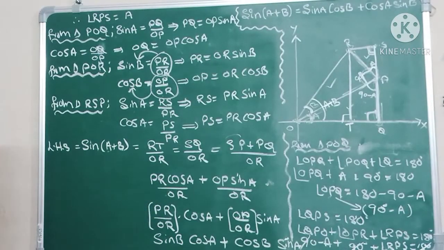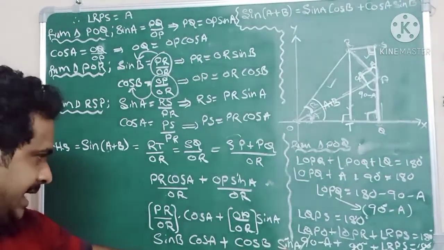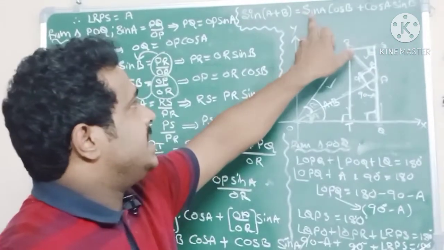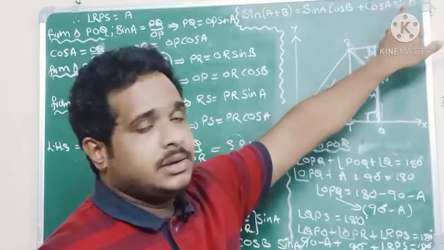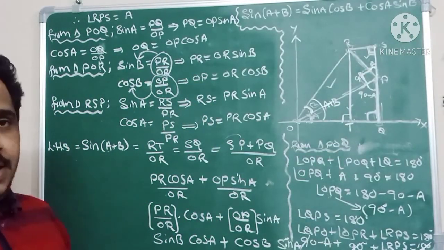Hence we proved the RHS. Sin of A plus B is nothing but sin A cos B plus cos A sin B. So this is the sin A plus B proof.